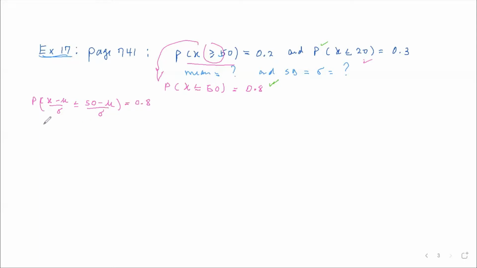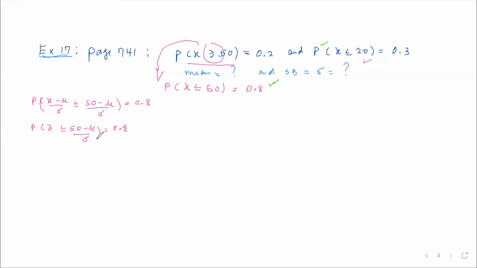Then after this, you are going to have P of Z score less than (50 minus mu) over sd equal to 0.8.